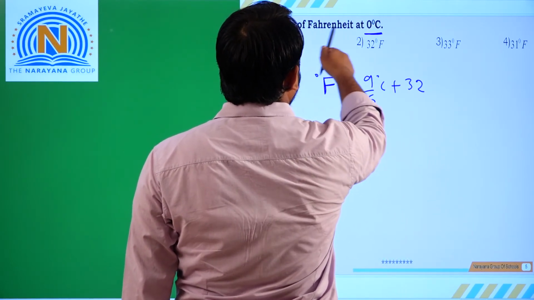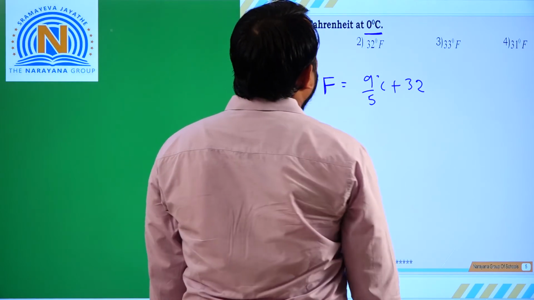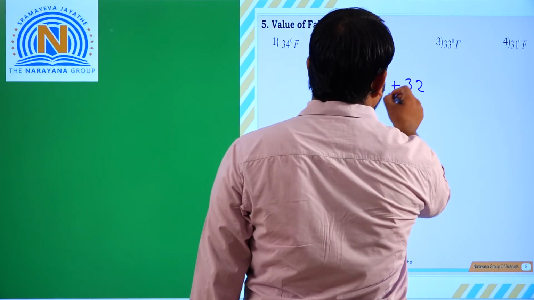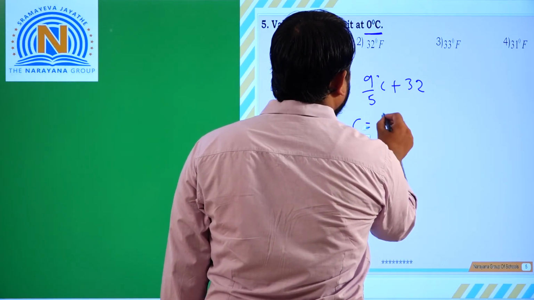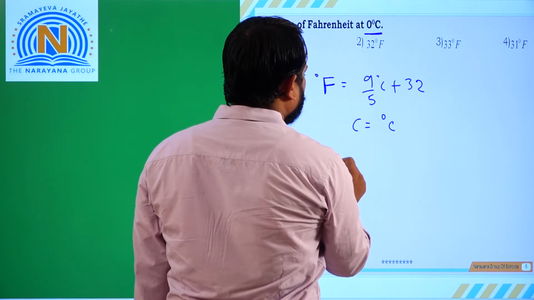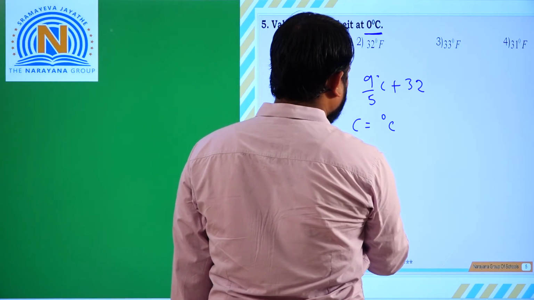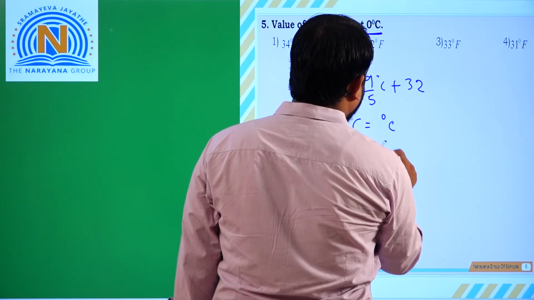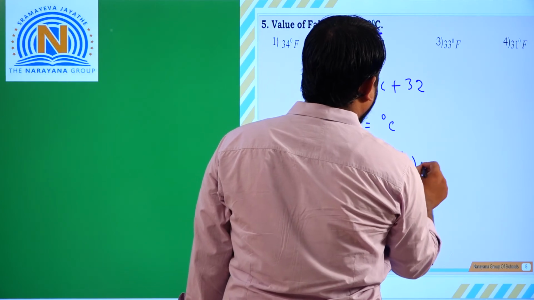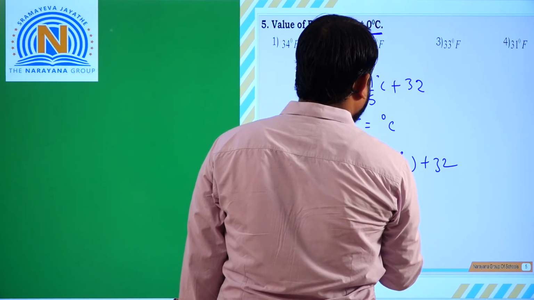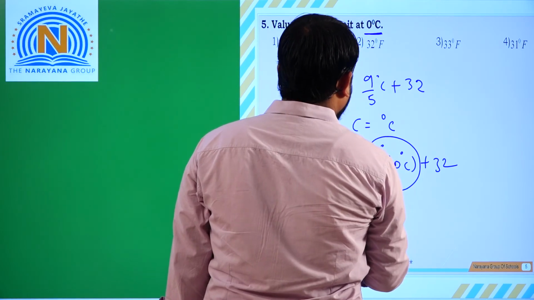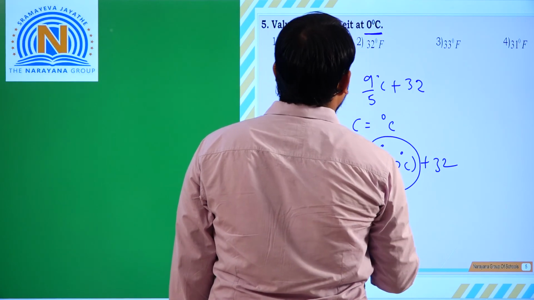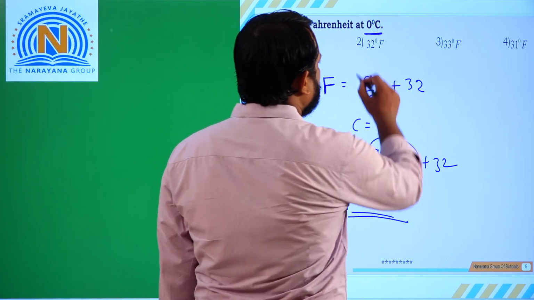If I substitute C is equal to 0 degree Celsius, then F is equal to 9 by 5 into 0 plus 32. So that total becomes 0, then F is equal to 32 degrees Fahrenheit. So the value of Fahrenheit at 0 degree Celsius is 32 degrees Fahrenheit.